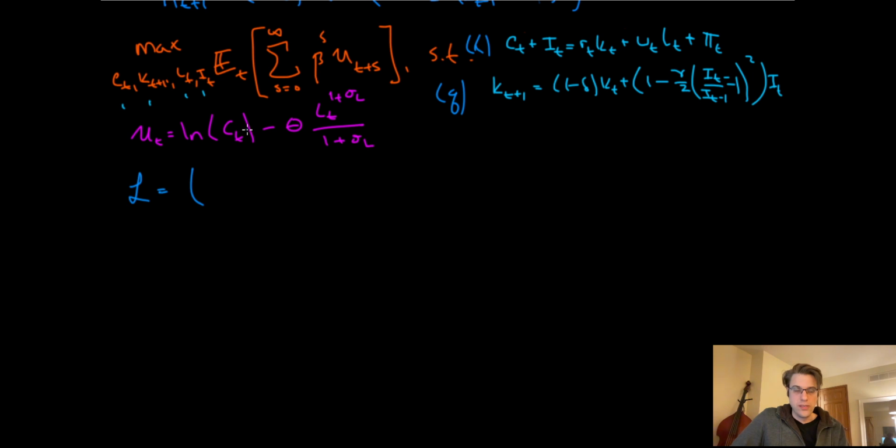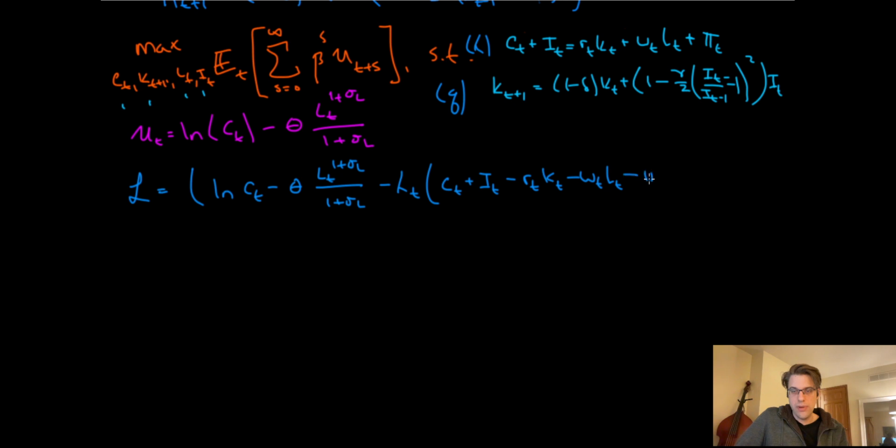Okay, so when s equals 0, we can write down this. We'll have just ln c_t minus theta l_t to the 1 plus sigma_L divided by 1 plus sigma_L, minus lambda_t times (c_t plus i_t minus r_t k_t minus w_t l_t minus pi_t). And now we need to do our second Lagrange multiplier.